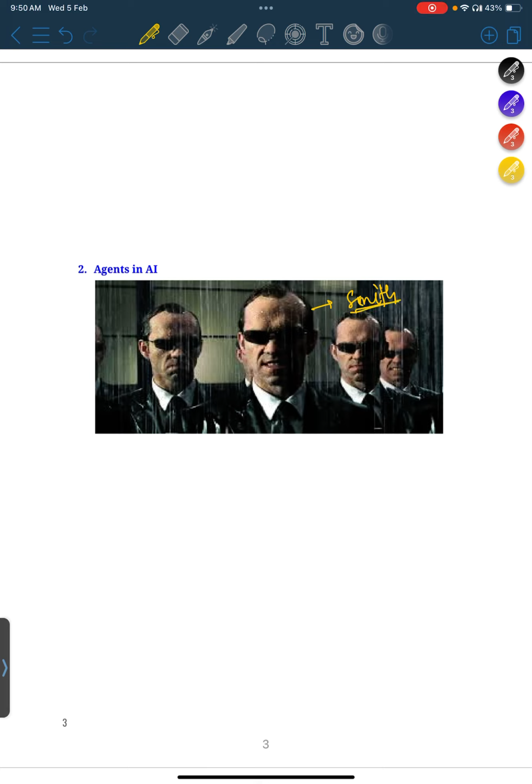So this was an artificial intelligence program. It can take decisions, and it can act upon the decisions. So agents are simply like this.